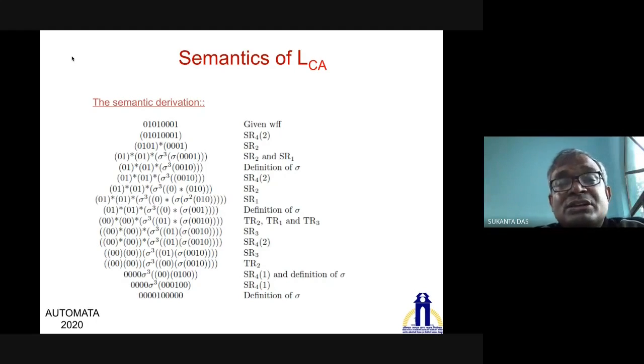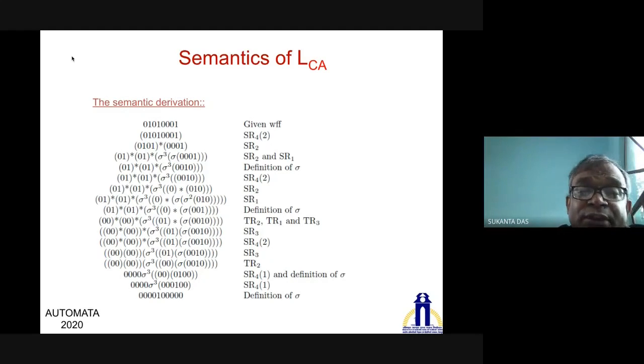In this way, 0101 can be seen as 01 star 01. Then I have used SR2, then again SR2, SR1, and I have used the definitions of sigma here.